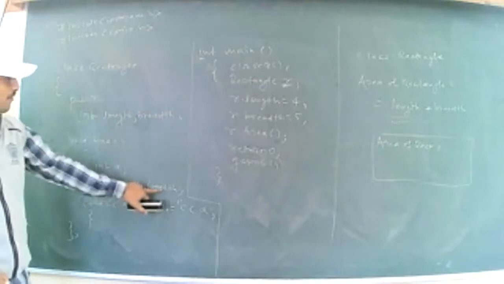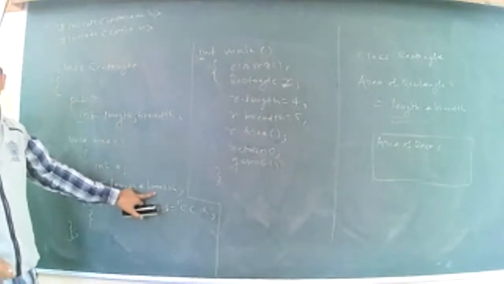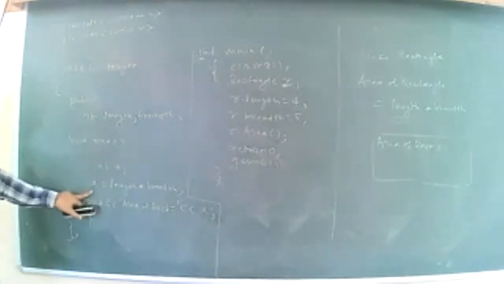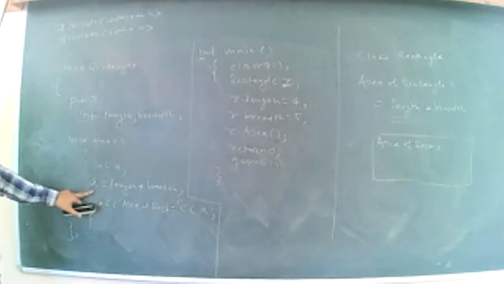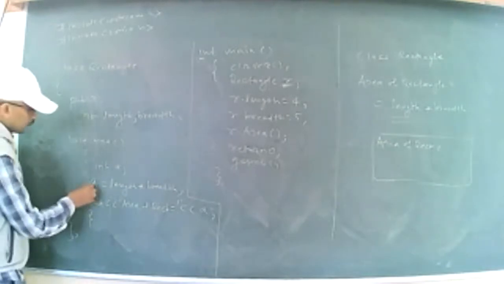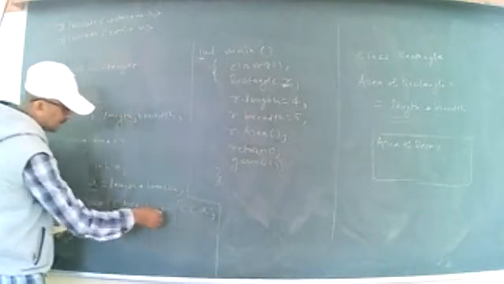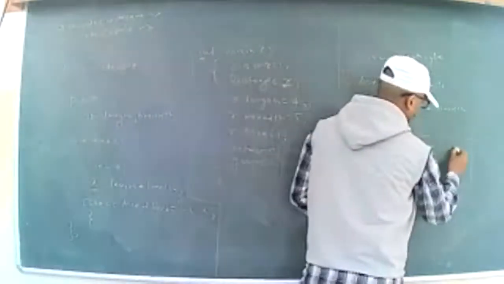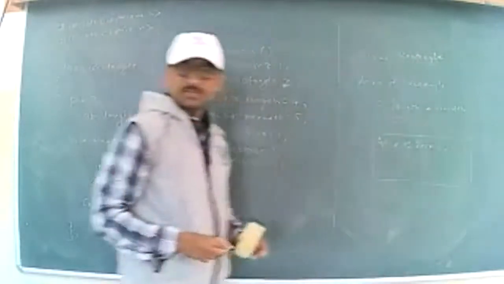So 4 multiplied by 5 is 20. This 20 is going to be assigned to a, which is the integer variable a. And we are going to print a after this message, that is: area of rect is equal to 20.